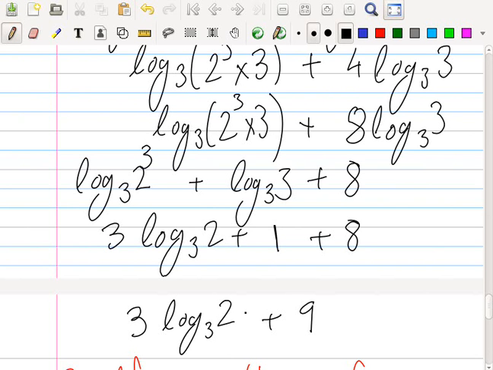I think what probably happened was that 24 should have been a 27, because if it was 27, then you could say it's 3 cubed.